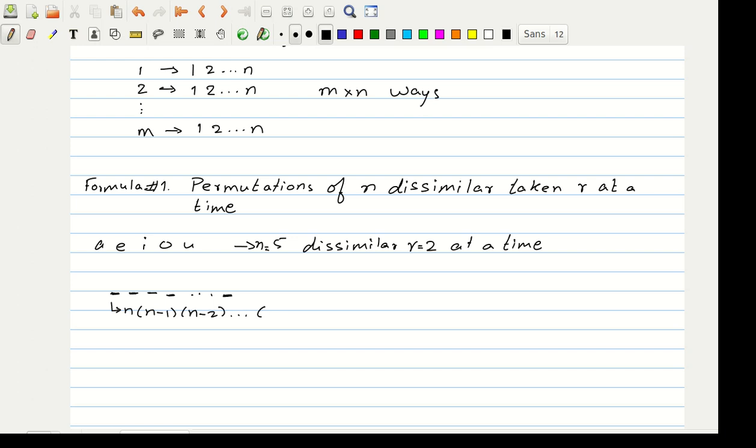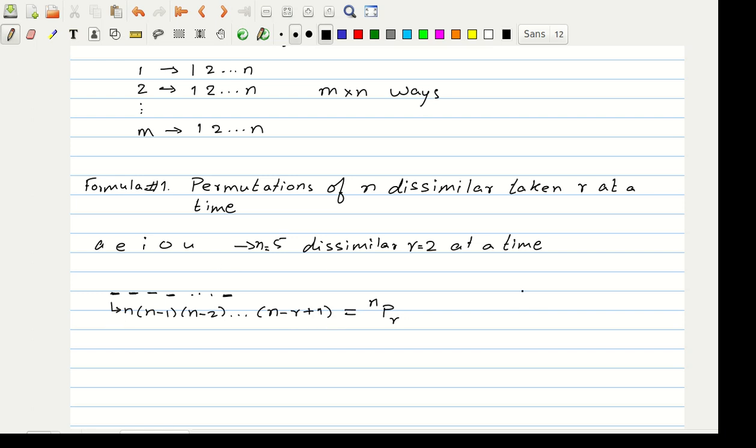The rth place, the last place, will be filled in by n minus r plus 1 number of ways, and we can write this in short form as nPr. So nPr is equal to n times n minus 1 times n minus 2 times n minus 3 all the way up to n minus r plus 1. So there will be r number of terms over here.